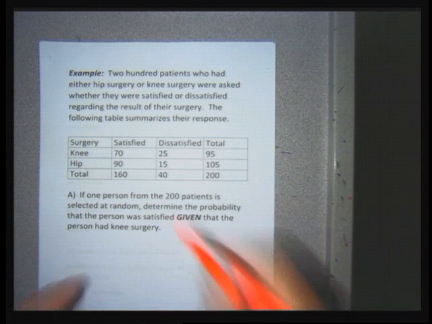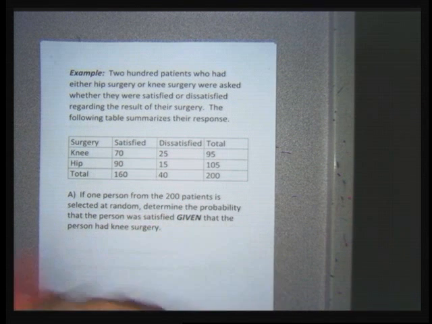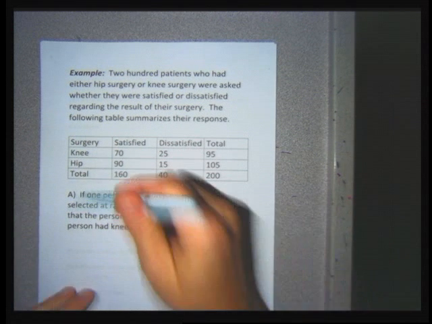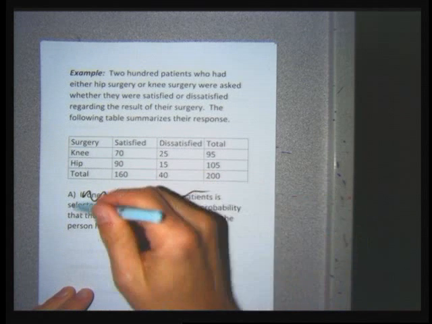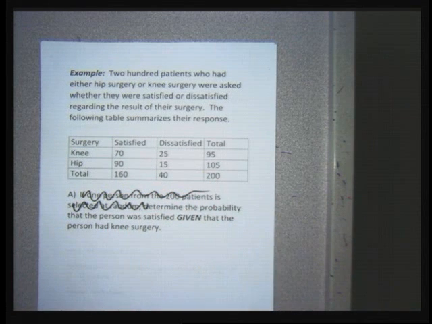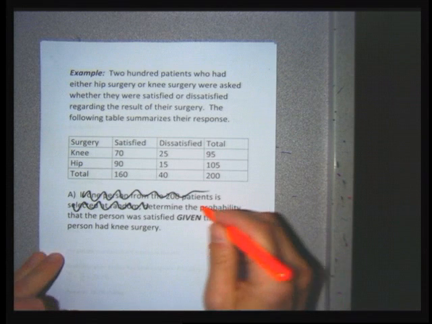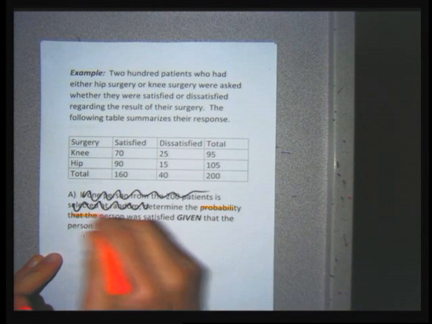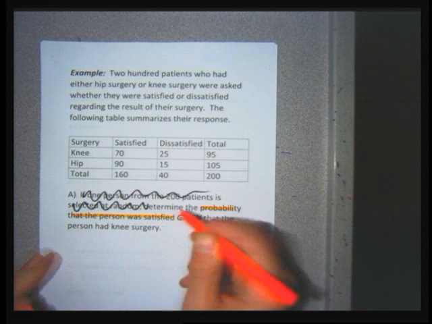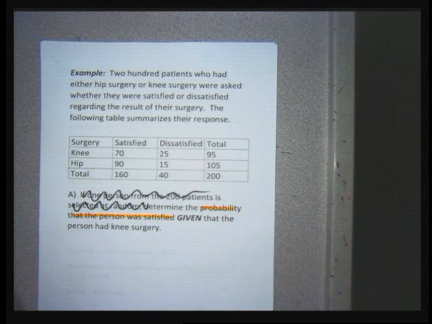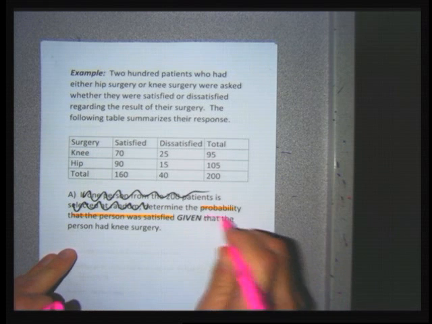So up through here is just probably not going to help me. It's not a probability question. The probability question comes from here. The probability that the person was satisfied, that's the question that we're being asked. Is the person satisfied? And then the conditional part is, given the person had knee surgery.